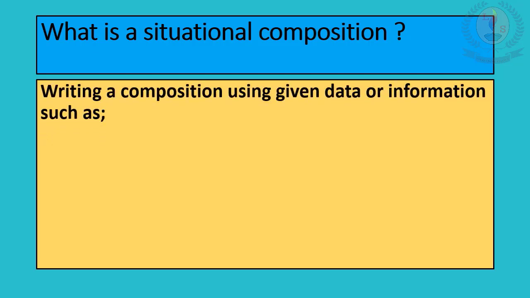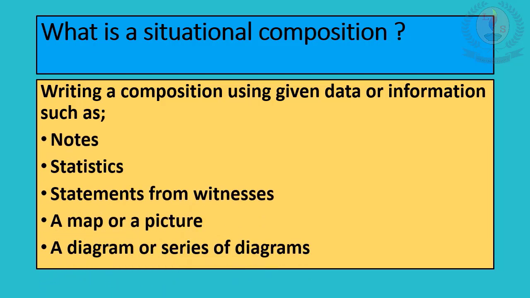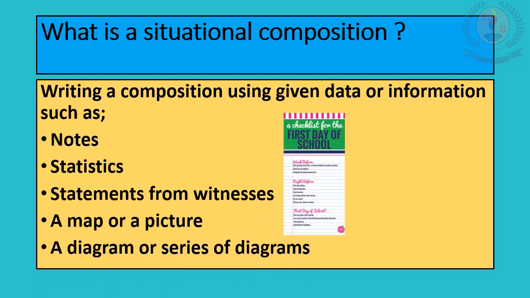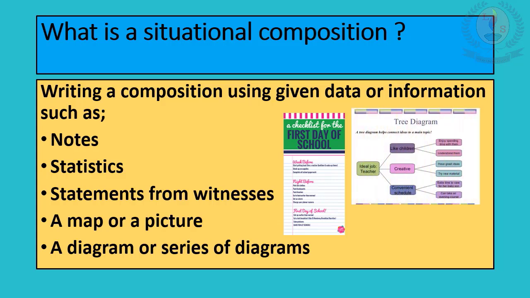A situational composition is writing a composition using given data or information such as notes, statistics, statement from witnesses, a map or a picture, a diagram or series of diagrams.